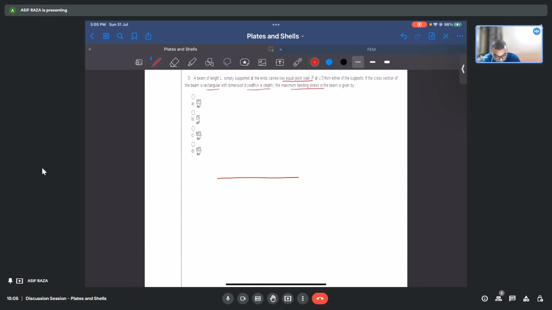We are given a simply supported structure with length L and two equal loads P at a distance of L by 3. And the cross section of the beam is B by A. We need to find the maximum bending stress in the beam.